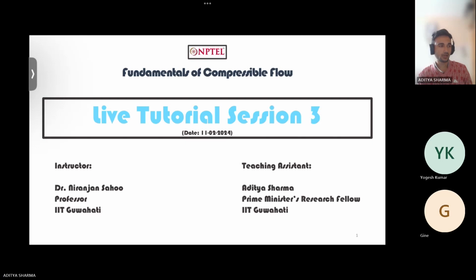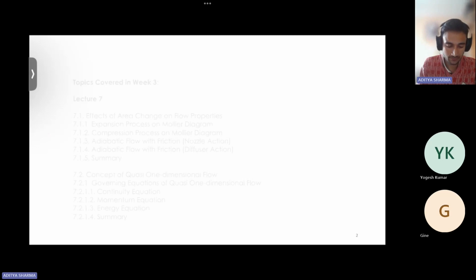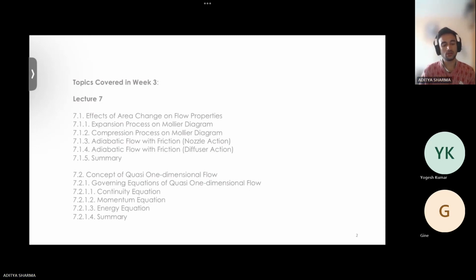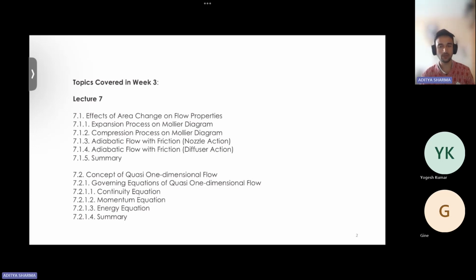But before that, we will proceed in the previous fashion. We will first see the topics that have been covered in the previous week, and then we shall jump on to our questions. Okay then. The first main topic in your lecture 7 is effects of area change on flow properties.